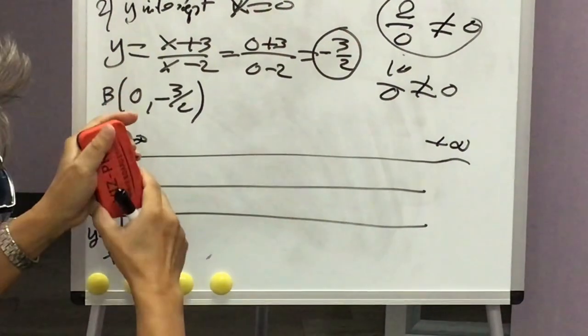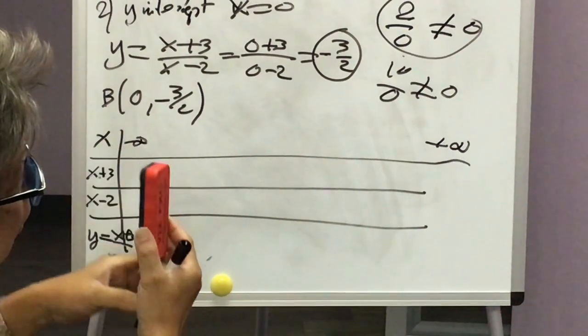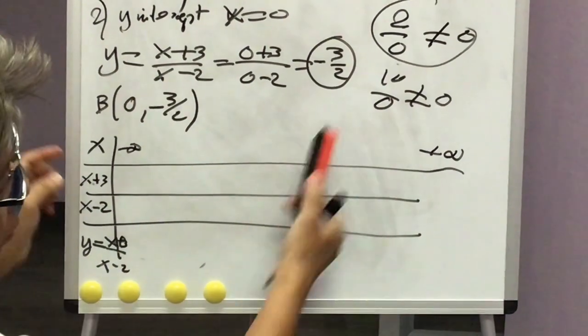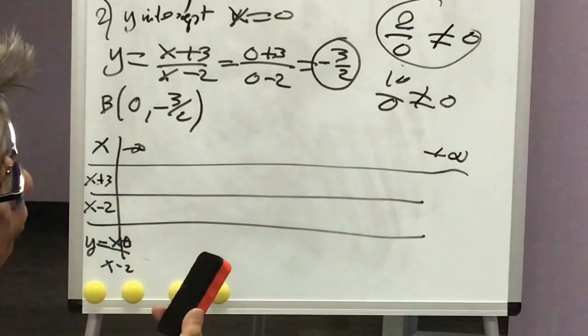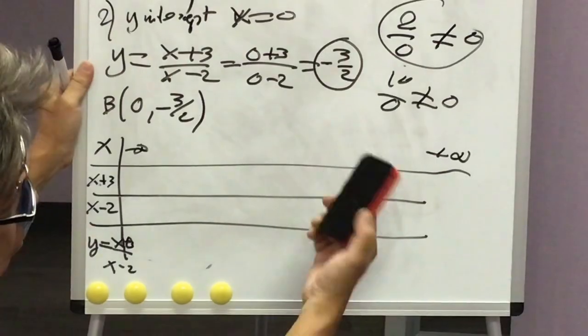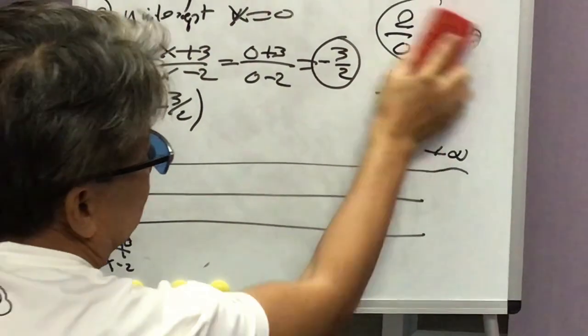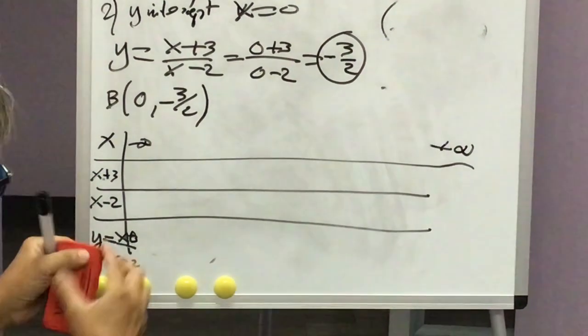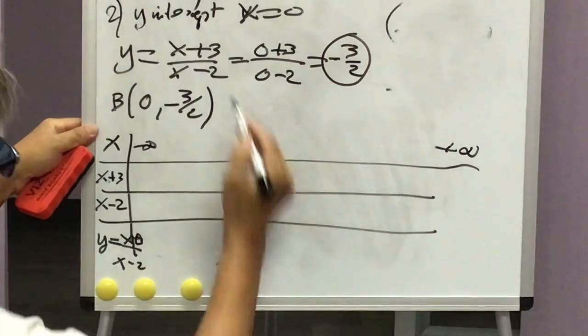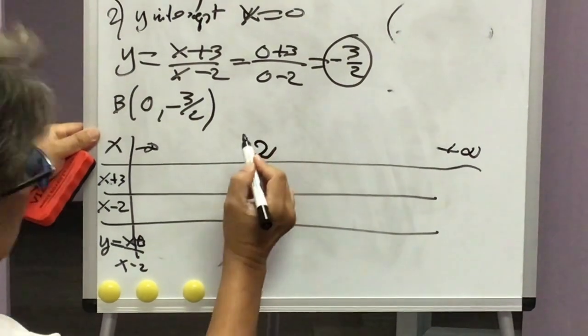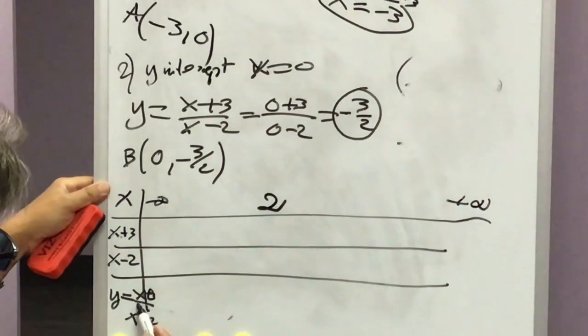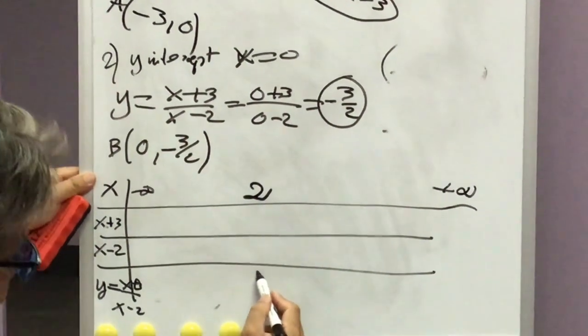Like if you have 10 cookies and you give them to no one, it doesn't mean anything. So when x equals 2, y is undefined.